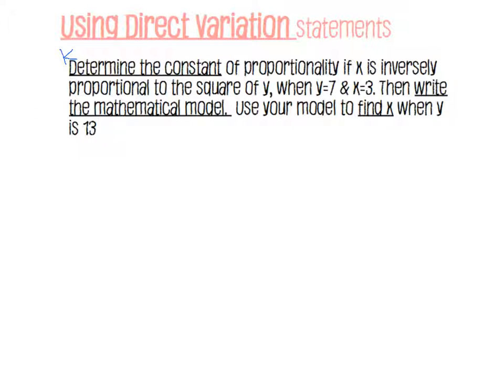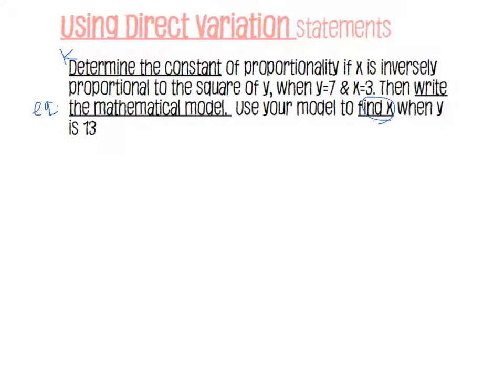That's going to be like the equation. And use your model to find x. We have 3 parts. I've underlined all the things that I'm looking for in this problem. I have to begin by finding the constant of proportionality. I need to know what k equals so that I could write my equation.